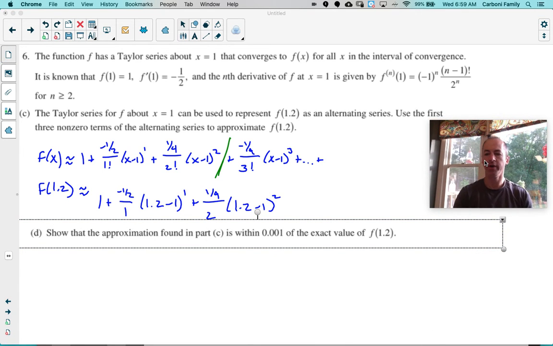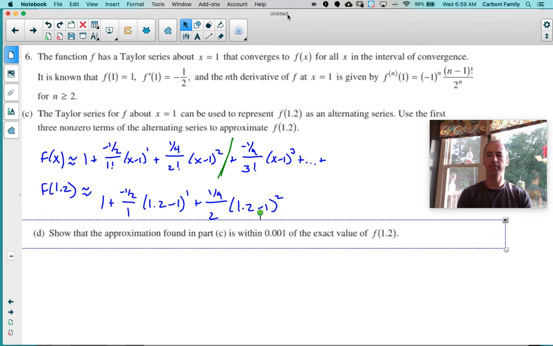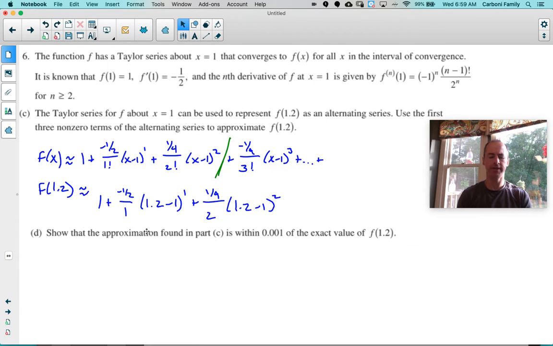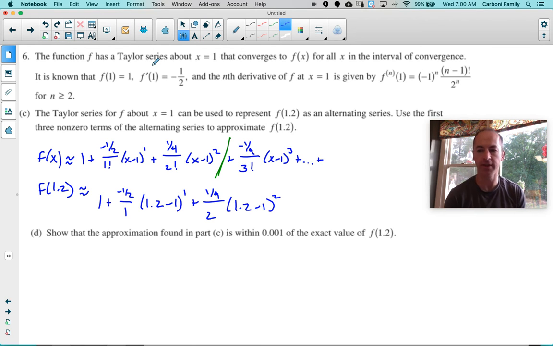Okay, so we're getting into error approximation, and the error approximation methods that are testable on the AP exam are your Lagrange error bound or the alternating series error bound. And because this is an alternating series, we can use the alternating series error bound, which is the easiest of the error approximation methods. And it's also, fortunately, the most accurate.